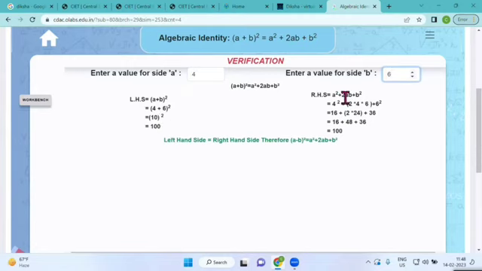When we put the same values in the right hand side, that is a square plus 2ab plus b square, we get the answer 100. So left hand side is equal to the right hand side, therefore we can say that (a plus b) whole square is equal to a square plus 2ab plus b square.